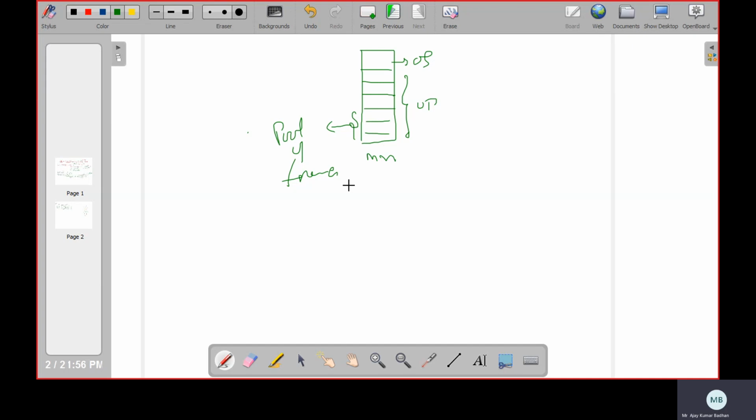Right now all the frames are full, occupied by different processes. I'm just drawing them sequentially, but don't think that internally they are stored sequentially. I'm just giving it randomly.